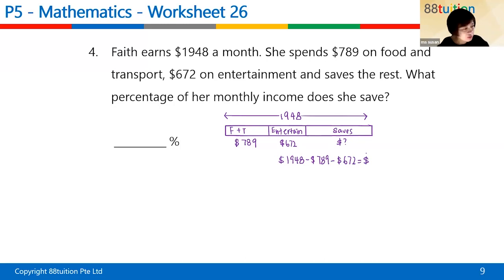So after that, you have, what do you call that? Where's my calculator? 1,948 minus 789 minus 672 equals to 487. Okay.